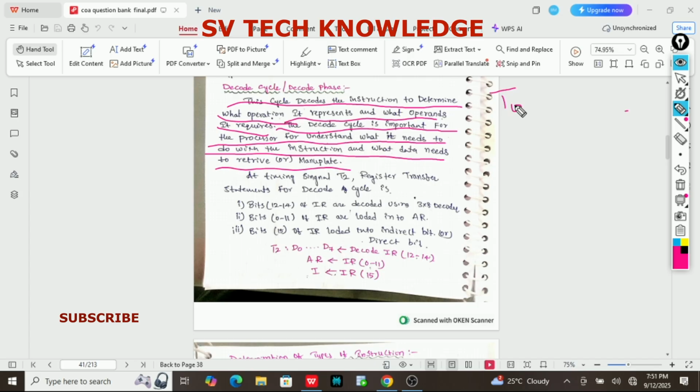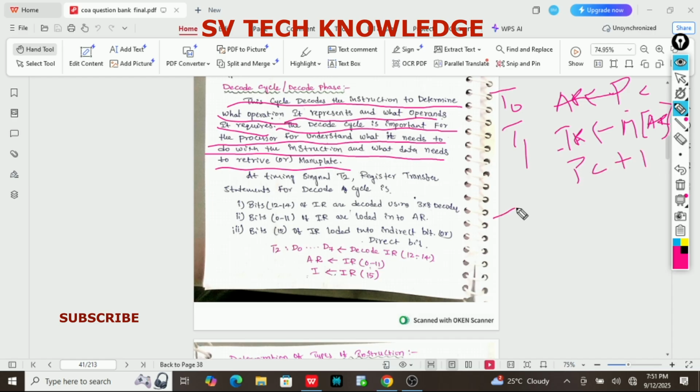What is in the program counter is transferred to the address register. At time T1, what is in memory at AR is transferred to the instruction register and the program counter is increased by 1.